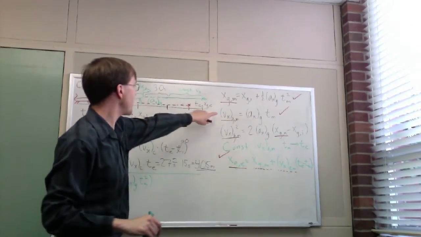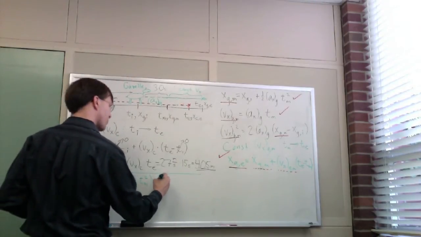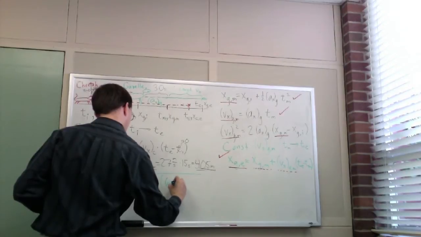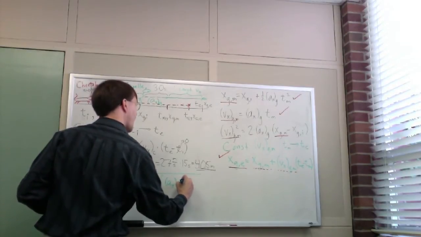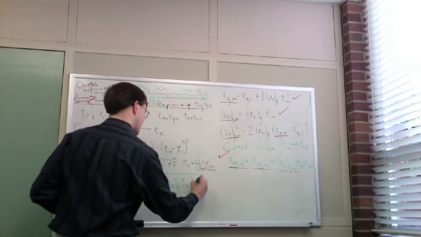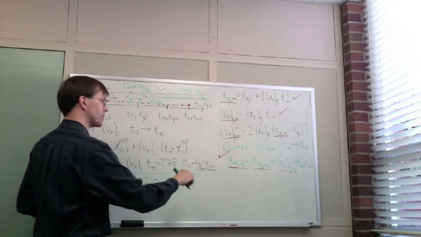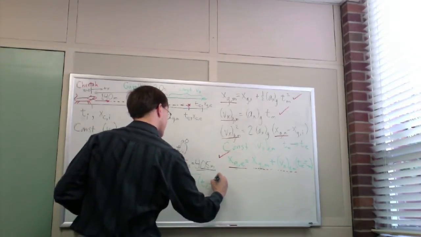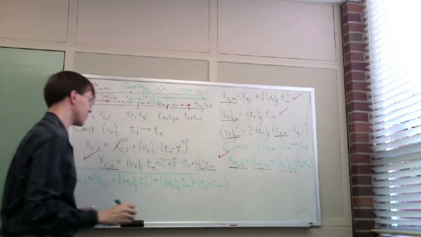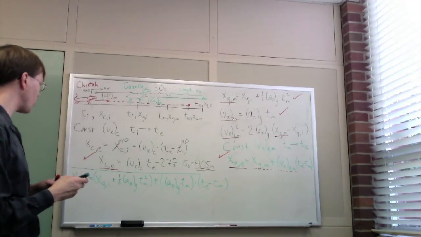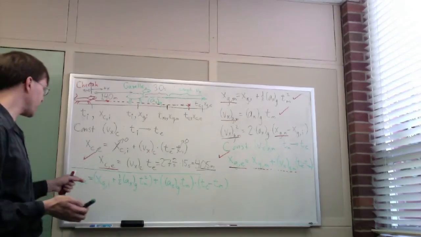My Vx max I have an equation for, so this is plus ax gazelle times tm, that is my Vx max, times t escape minus t max. Now, this is another one of those cases where you would be perfectly welcome to just plug in numbers.